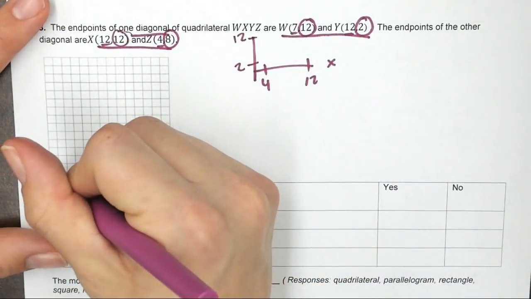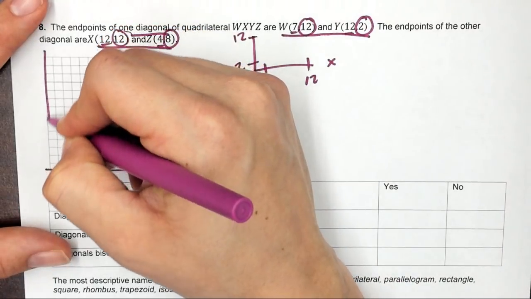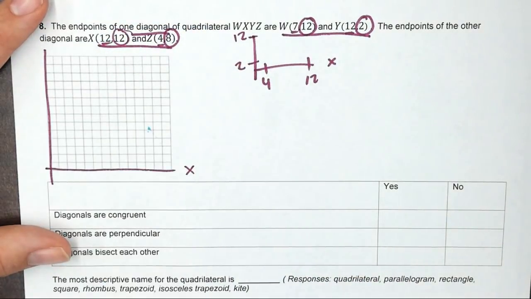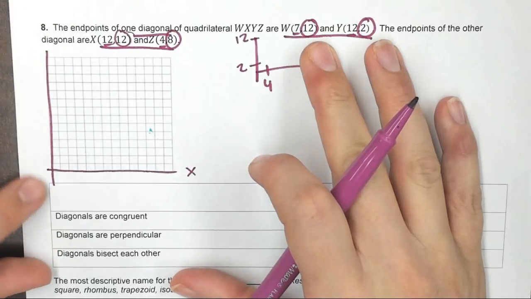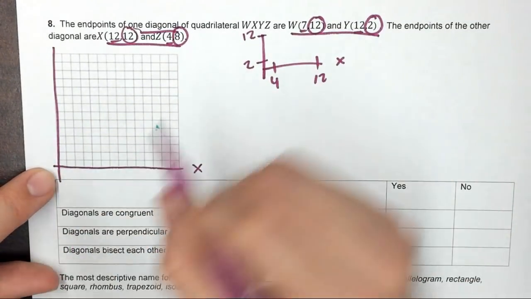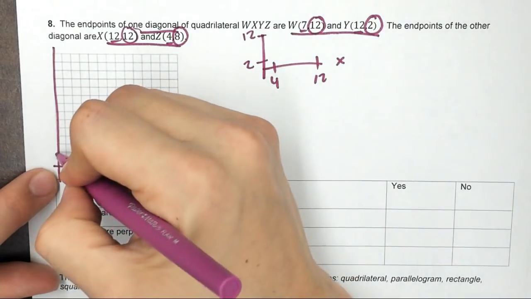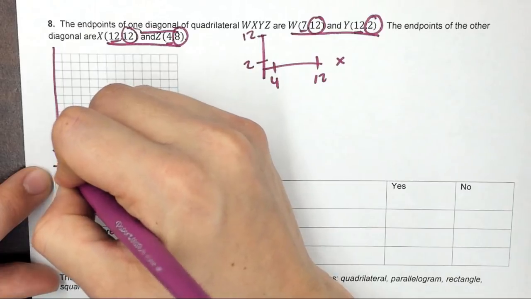I'm going to go ahead and graph right down here. It's my x-axis. And we're going to start off somewhere special here on the x-axis. I'm actually going to start with 4. Let's just put 4 right here. And over here I'm going to start with 2 being right here.